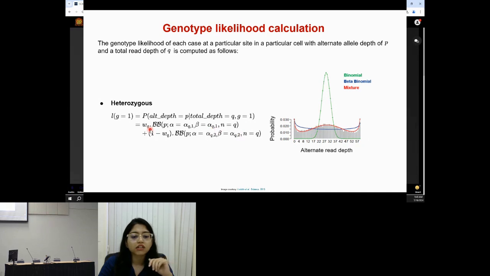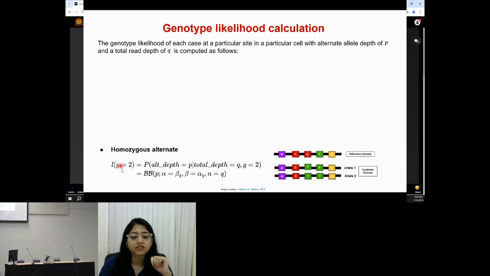So we are also using 2 beta binomial distributions which are scaled by W q, the allelic dropout parameter, and these parameters can be learned with respect to the data, which I will explain in the next slide. So this is how we have modeled the heterozygous case, which is G equals 1.